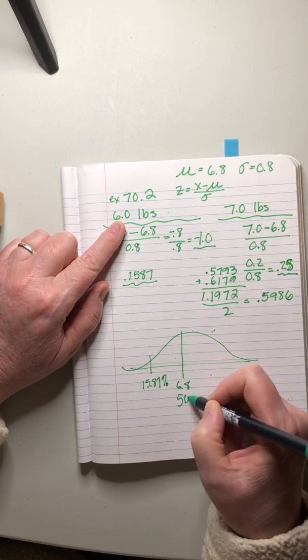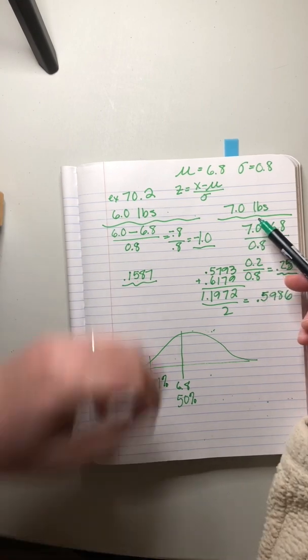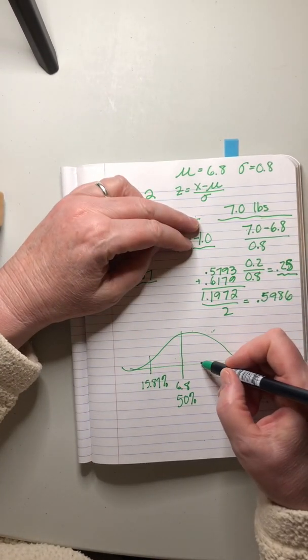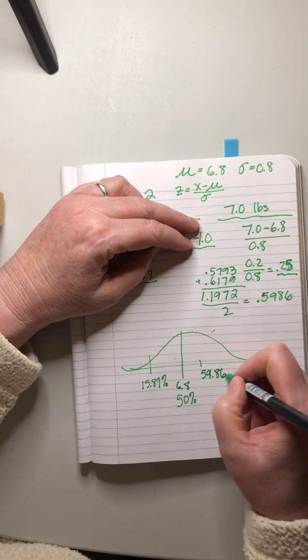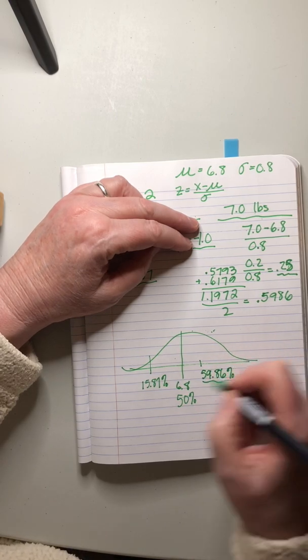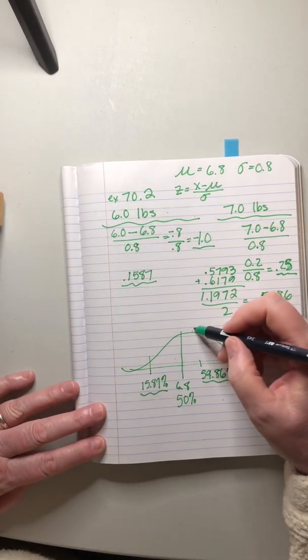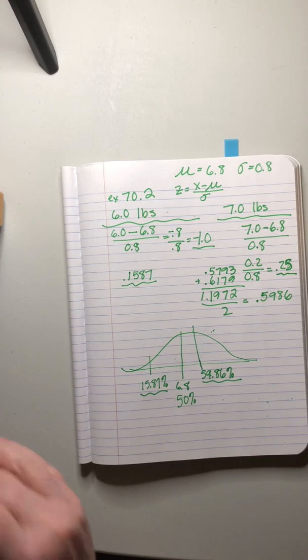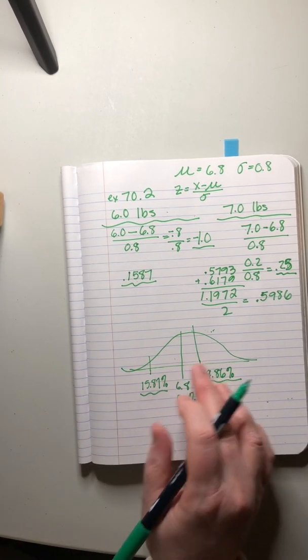This would be 50% because it's the mean, so it's halfway. And then our 7-pound babies are up here at 59.86%, right? Those are our two calculations. And so the question is, what percentage of babies weigh between these two?